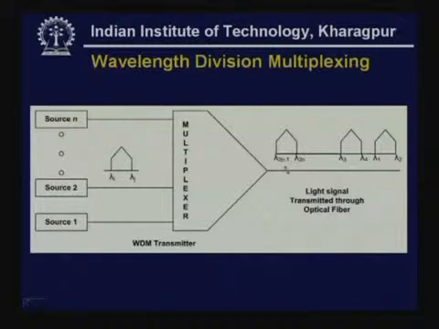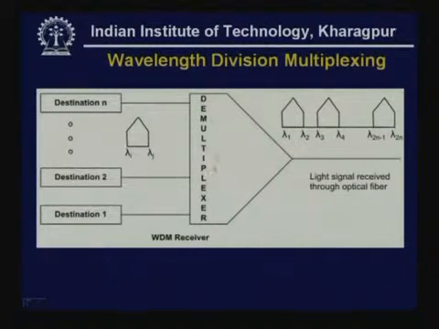Then for channel n, lambda 2n minus 1 to 2n. These different wavelengths can be multiplexed and sent through an optical fiber cable. So, optical signals of different wavelengths are going through the optical fiber cable, and at the receiving end they can be separated out. That filtering can be done, and we can get different wavelengths, as you can see here, lambda i to lambda j meant for a particular channel.